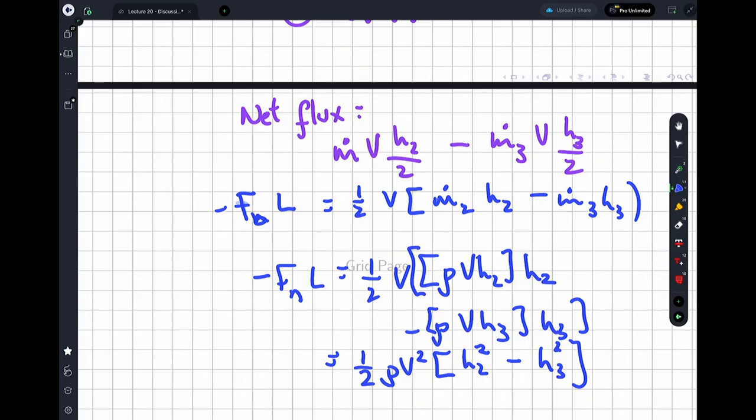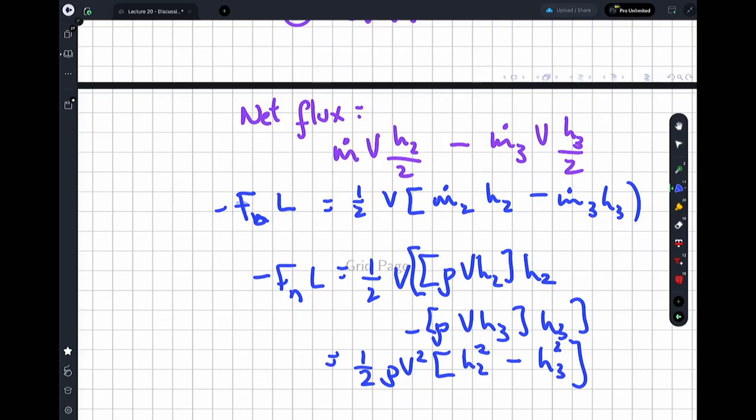So if you go through the algebra, you can start to separate out terms. You can say, okay, look, we have the density of the fluid, which is rho, and instead of writing m dot, we're going to write it as rho V h, and essentially assume unit depth into the screen.